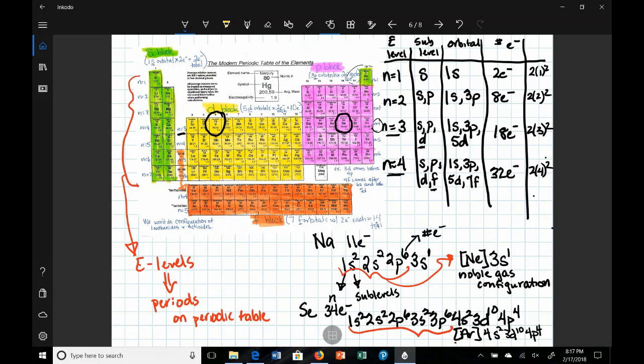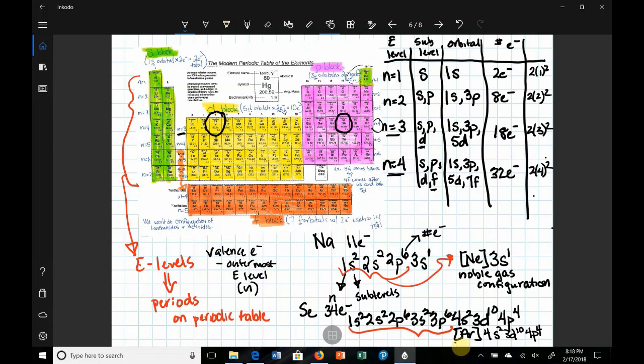Now, when we're thinking about valence electrons, those are going to be the ones found in the outermost energy level, and that is n. So whenever you're looking at valence electrons, you want to find those that are in the highest energy level. So let's take a look at sodium. What are the valence electrons in sodium?